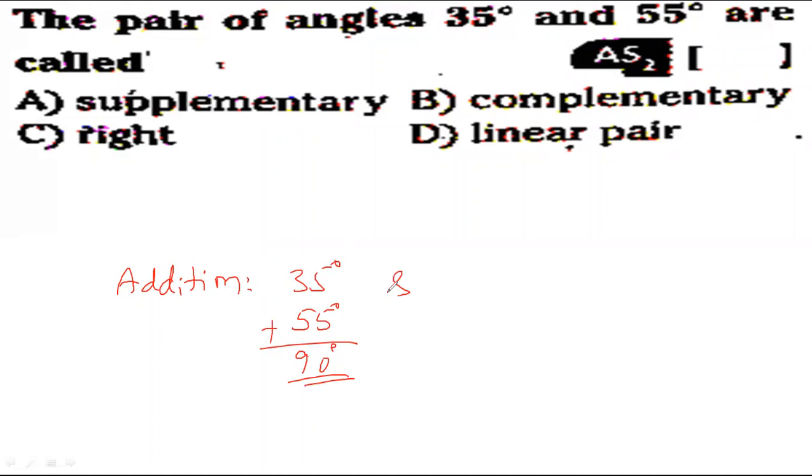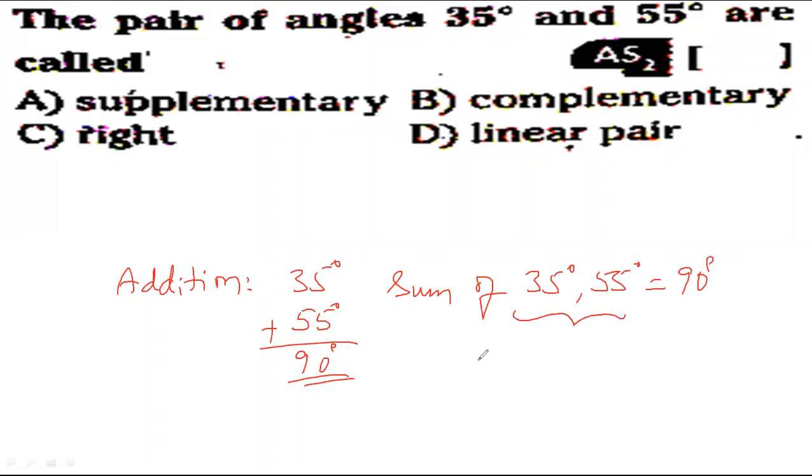Next question. The pair of angles 35 degree and 55 degree are called dash. If we do addition of these two angles, 35 degree plus 55 degree, I will get 90 degree. It means the sum of 35 degree and 55 degree has become 90 degree.